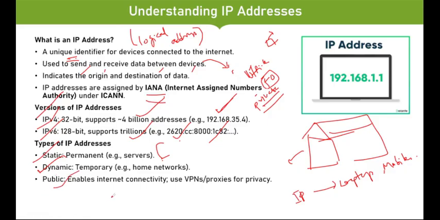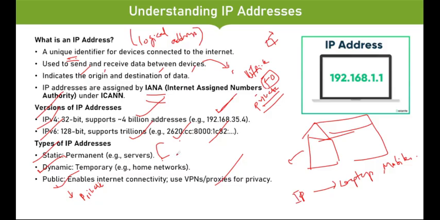The public IP addresses enable internet connectivity; use VPNs or proxies for privacy. So this is public. Public and private will both be there too. This private will be a set of IPs given to a person, let's say a group, so they can use them privately without connecting to the internet.